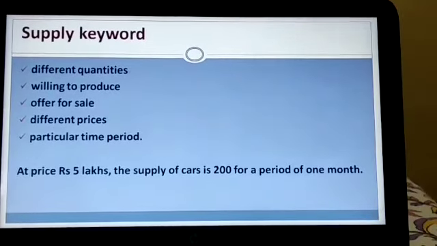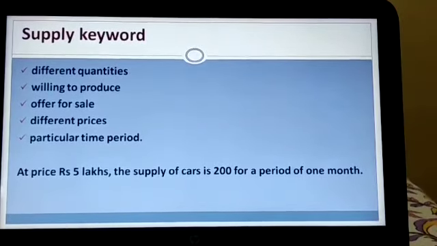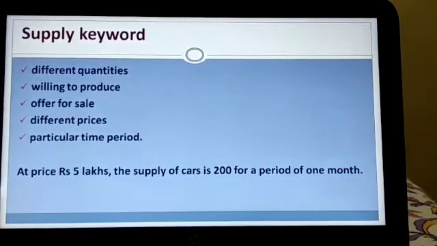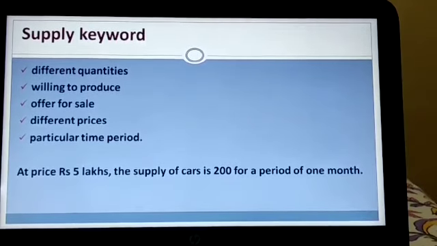Now we come to various keywords that are required in a supply statement. The first point is different quantities. There must be different quantities at different prices. Second keyword is willing to produce and offer for sale. The producer must be willing to produce that particular commodity, and at the same time, the second condition is he must be ready to sell it.